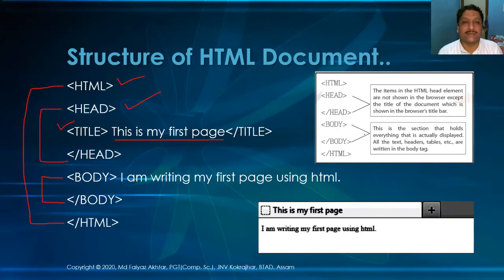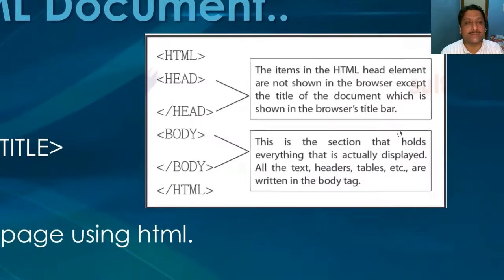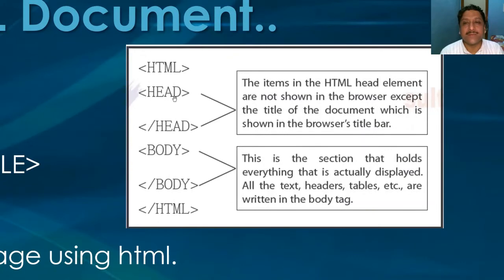And these things are described like this. What is the meaning of these things? Within the head tag, the items in the HTML head element are not shown in the browser except the title of the document, which is shown in the browser's title bar.